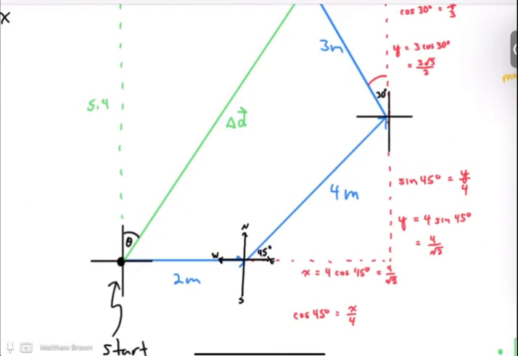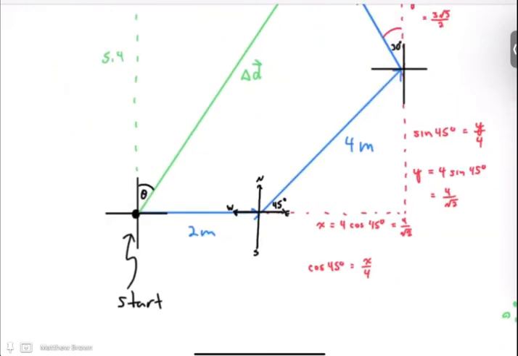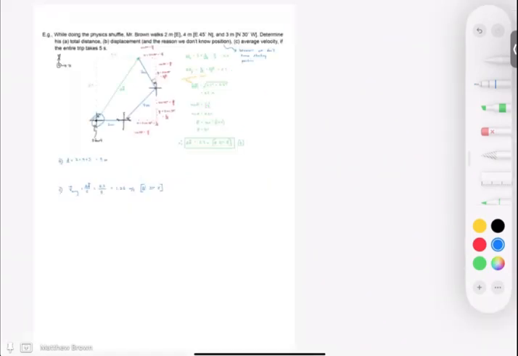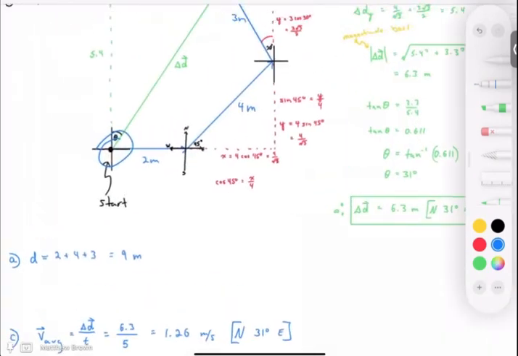And then I go 2 meters east. So here I even drew, you don't have to do these, but sometimes it can actually help, right on top of the end of the arrow. So remember, it's a vector. The first one starts here and ends there. So it can actually be a little bit helpful.